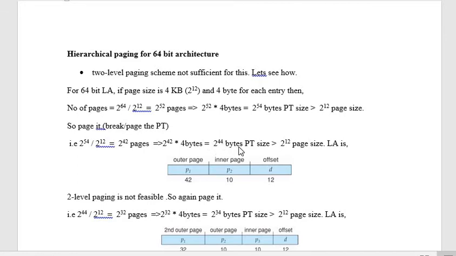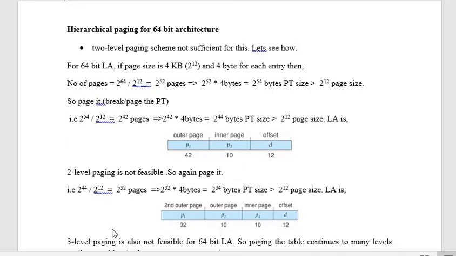Is it possible to fit this in one frame? Since the page size is 2 to the power of 12 and the second-level page table is 2 to the power of 44 bytes, it is not possible to fit this page table in one frame. So again, what should I do? I should page the page table again. Two-level paging is not feasible, so page it again.